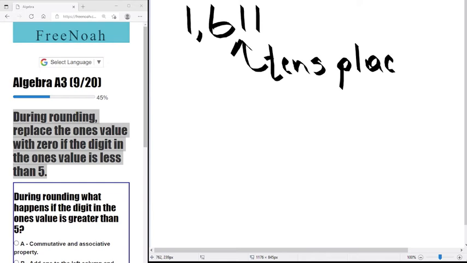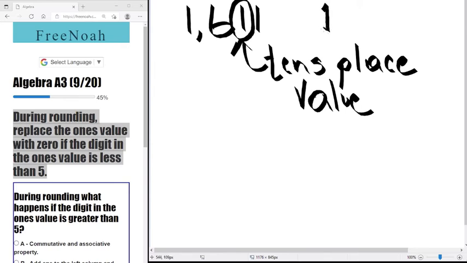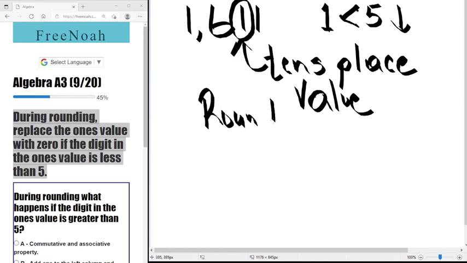In the tens place value, we have the digit 1. Now 1 is less than 5, so we still round down. What happens to 1,611 when we round it down to the nearest ten?